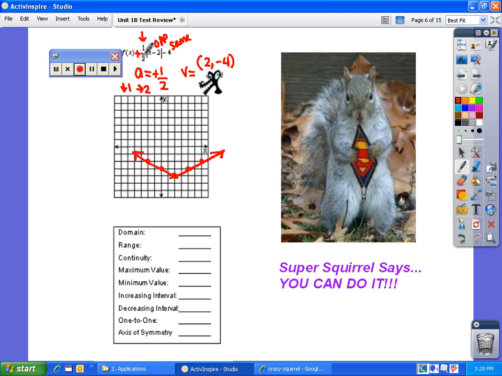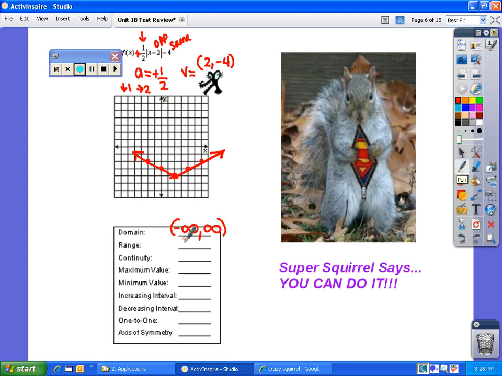Alright, so you know that we're going all the way to the right, all the way to the left. So since we're going all the way to the right and left, that means that our domain goes from negative infinity to positive infinity. For our range, we start here at, looks like, 4, and then we just keep going up and up to infinity.